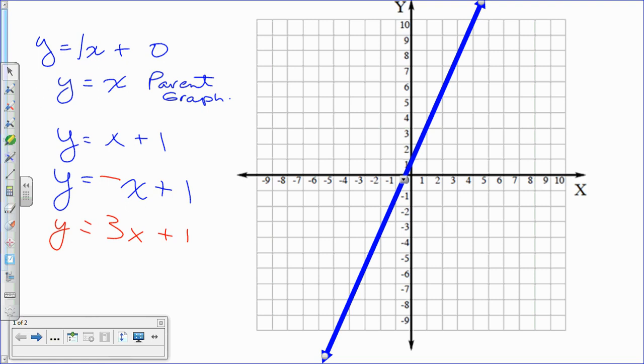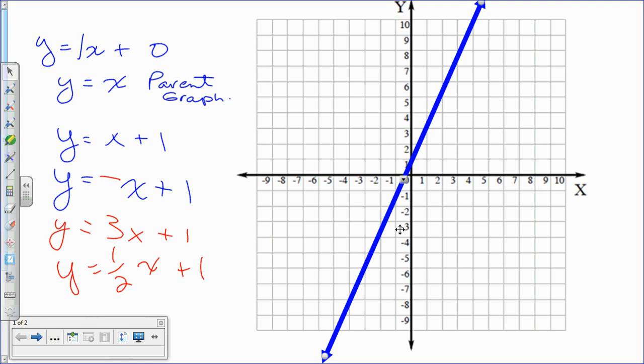What happens when the number gets closer to 0? What would be a number that's closer to 0? What about a 1/2? Is that closer to 0? Yeah. So the closer it gets to 0, what happens? Then it has no slope, and it flattens my line out.